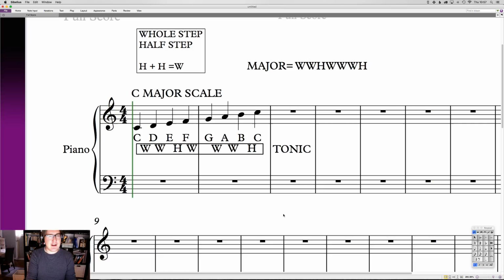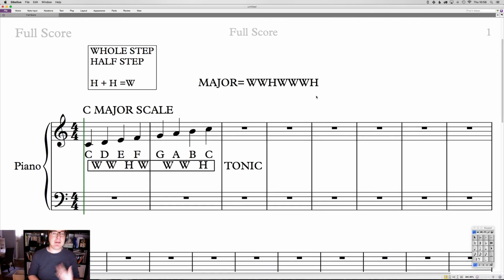This note that I landed on is not C. This note that sounds like it might be the tonic, it's not C anymore. It's a different note. So just by changing the whole half relationships between the notes, I've made a new note the tonic. I won't tell you which one. Those of you who are ahead of us and maybe are doing some review already know what happens when I add a B flat. It changed which note becomes the tonic. But that's true of anything.